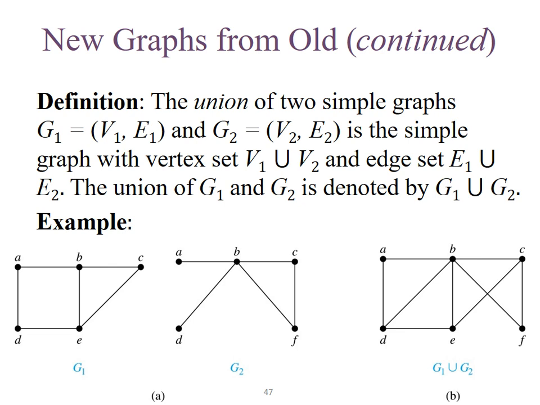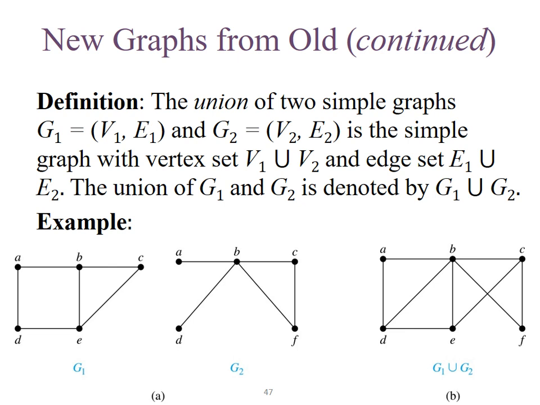Next, let's see how we derive new graphs, maybe by different operations such as union. In this case, we have two simple graphs G1 and G2. Then we can apply the union of G1 and G2. That means we union the vertex sets V1 and V2, and then we also derive the union of G1, G2 under this operation. So let's see, we have G1 here, we have G2 here.